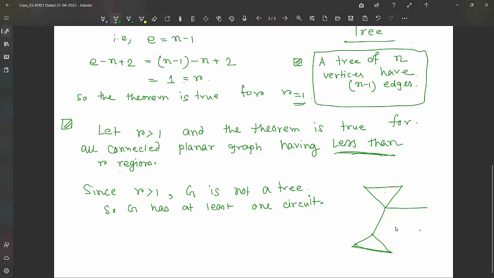Now let A be an edge of a circuit. So obviously, let this edge be A, in a circuit, just take any one edge as A. Now, this G minus A graph is also a planar graph.